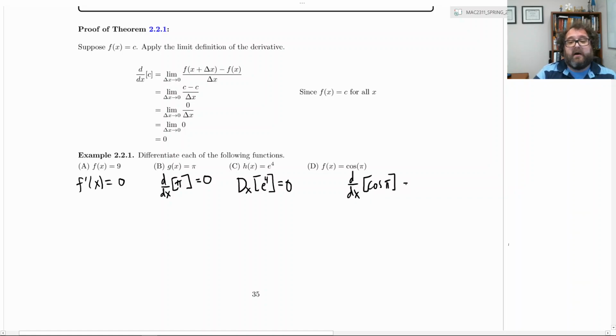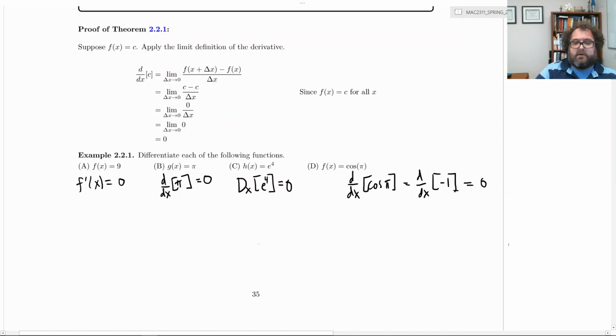But what's cosine of pi? Cosine of pi is negative 1, of course. So I would say cosine of pi is a constant in disguise. Even though it looks like a variable function, it's not. There's no x there. Cosine of pi is equal to negative 1, and so its derivative is 0.